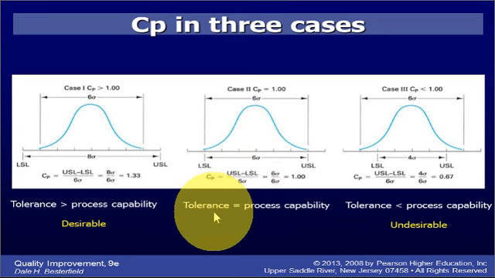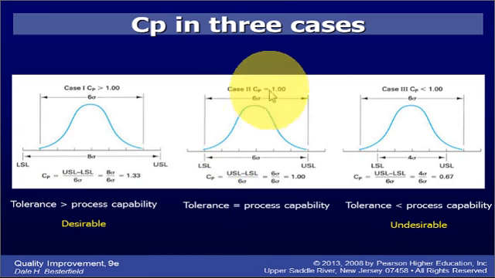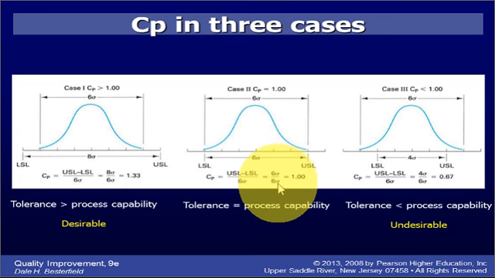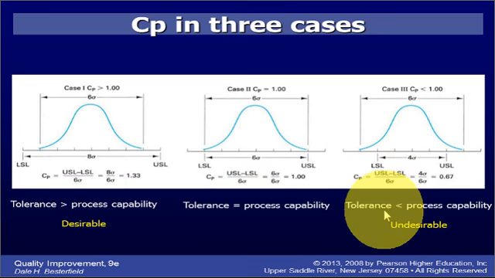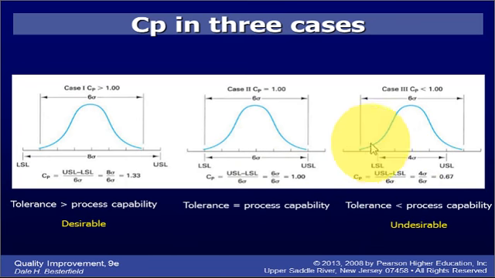In the second case, the tolerance and the process capability are equal, therefore the Cp value is 1. As you can see, you have the same value for the numerator and the denominator. In case 3, the tolerance is smaller than the process capability. That means even though your process is in control, there are still tails of your process that are not conforming.